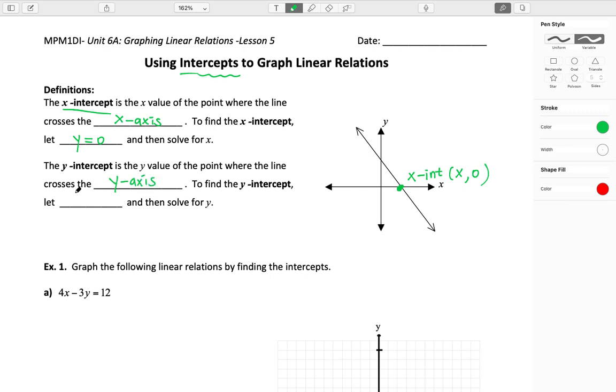To find the y-intercept, you let x equal 0 and solve for y. On this graph, we have a linear line, and the y-intercept is on the y-axis over here, this point. This is called a y-intercept, and it happens when x is 0, comma, the y value.